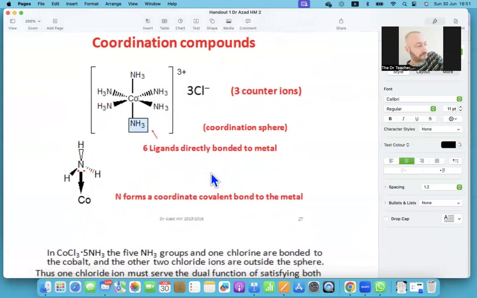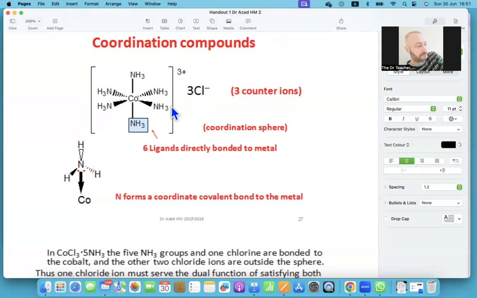There was a big argument on coordination compounds until the discovery of the coordination theory by Alfred Werner. This compound was solved by himself, giving the formula, the structure, the reaction, and the details.